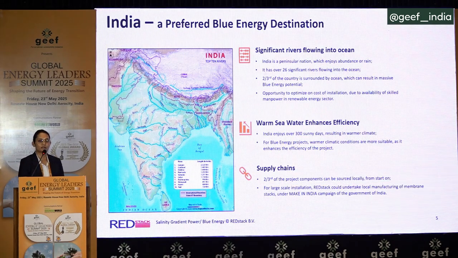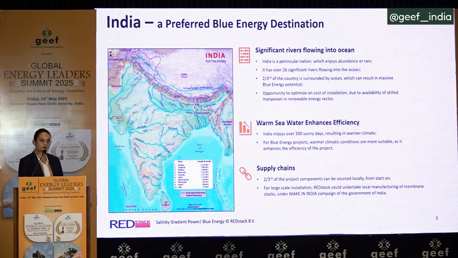That is why India is one of the most preferred blue energy destinations. A, we have about 26 significant rivers flowing into the ocean. We have warmer climate conditions. We have skilled manpower available in the renewable energy sector. And we have a number of sunny days, making it a preferred destination for harvesting blue energy or osmotic energy.